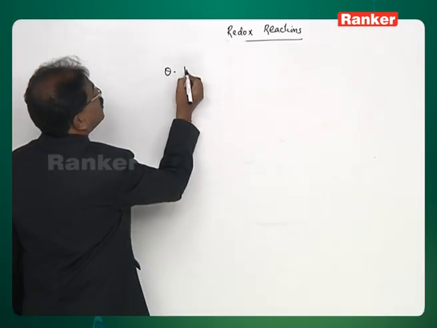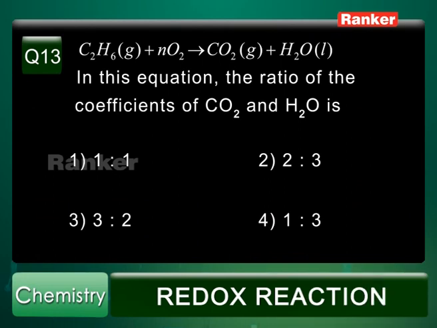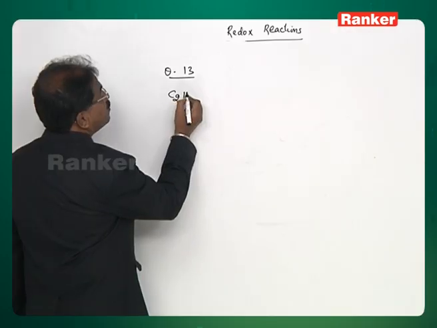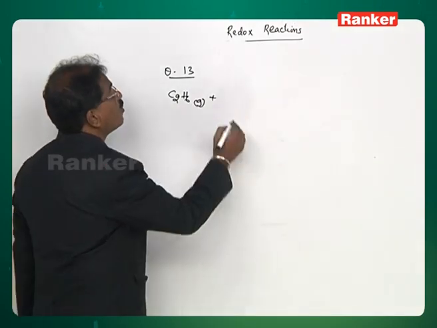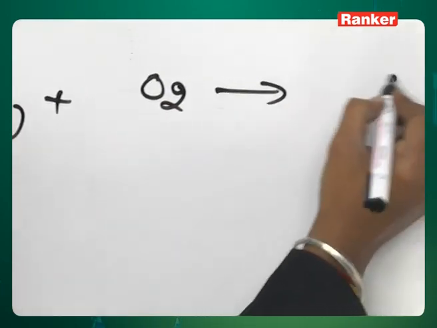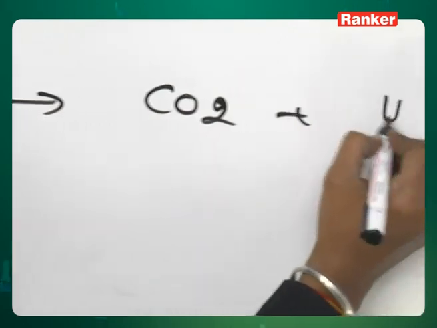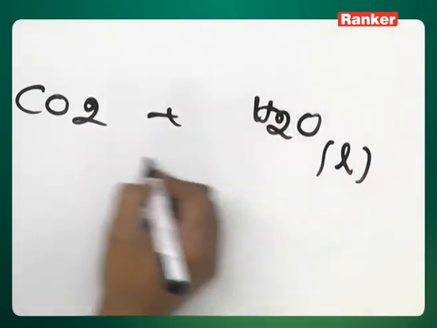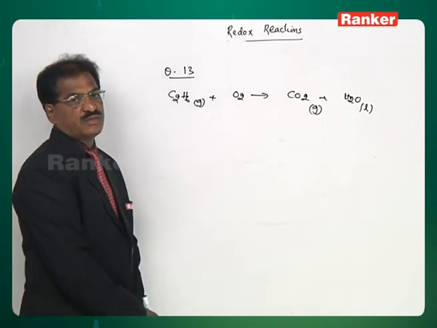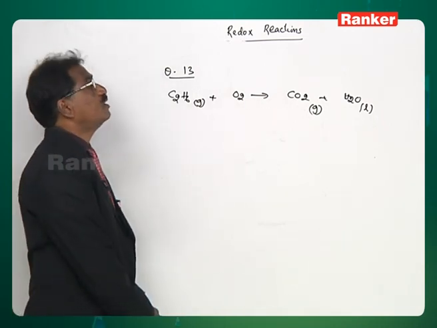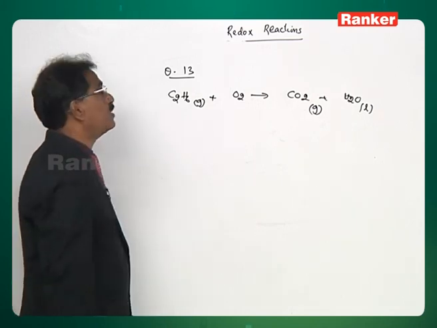Next, question number 13. In the given reaction, C2H6 in the gaseous state is reacting with oxygen to give CO2 plus H2O. In this reaction, the ratio of the coefficients of the CO2 and H2O have to be identified.